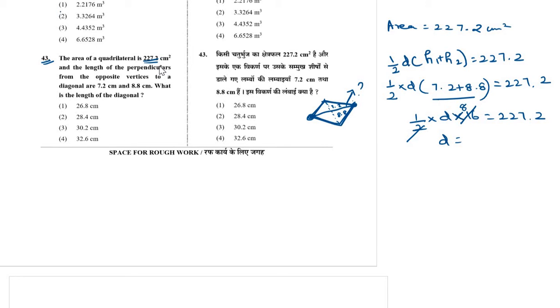It is in multiplication, it moves to the right side means it will be division. 227.2 divided by 8. So this is equal to 28.4. Divide it and write it. The centimeter units are same, so no need to convert anything. So direct answer 28.4. I hope it's clear.